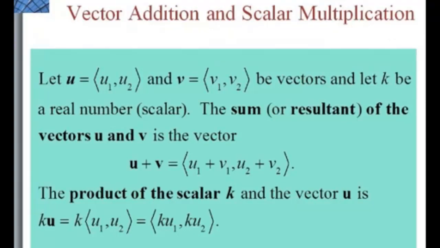When we have vector addition, we add the components. Vector u plus vector v will be <u1 plus v1, u2 plus v2>. And the product of the scalar and the vector is similar to the distributive property. In the next slide, I'll show you an example, exactly how to do this.